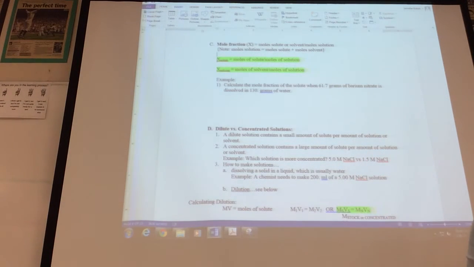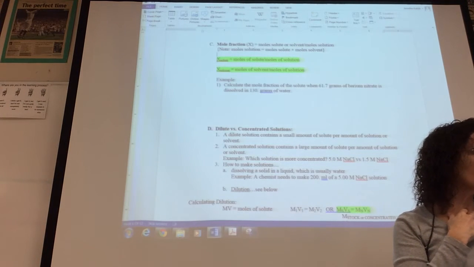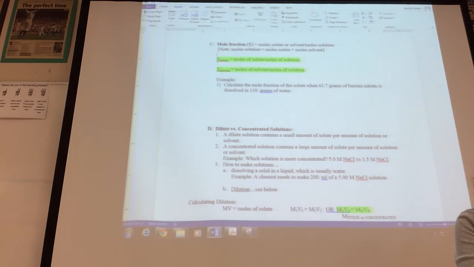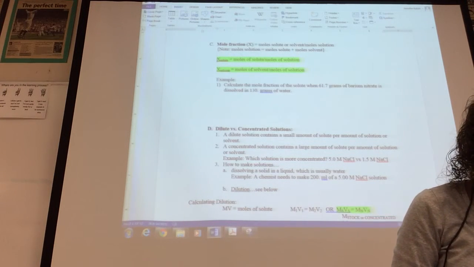One example up here. It says calculate the mole fraction of the solute when 61.7 grams of barium nitrate is dissolved in 130 grams of water. Let's take a look. We want to calculate the mole fraction of the solute.